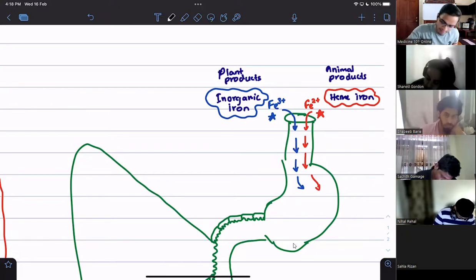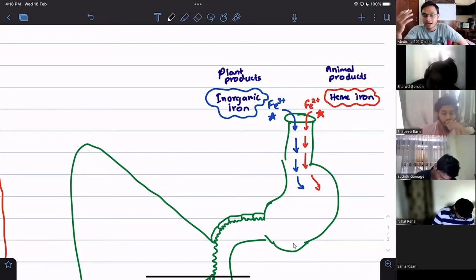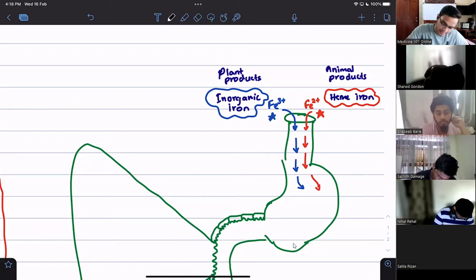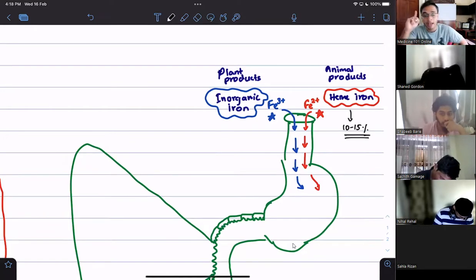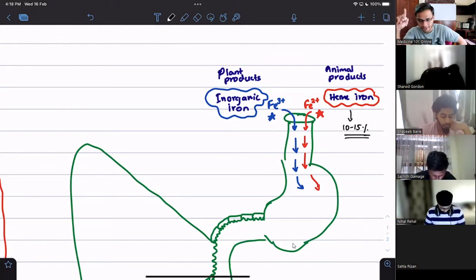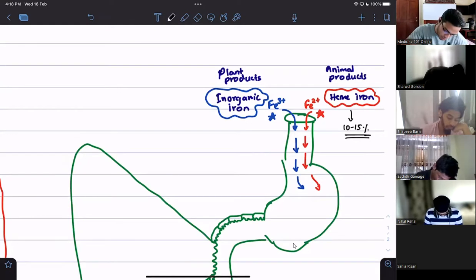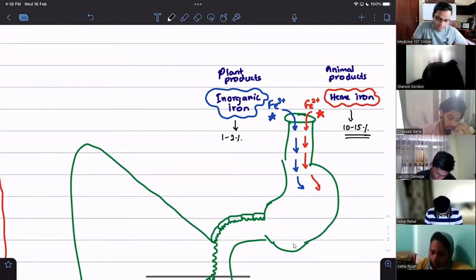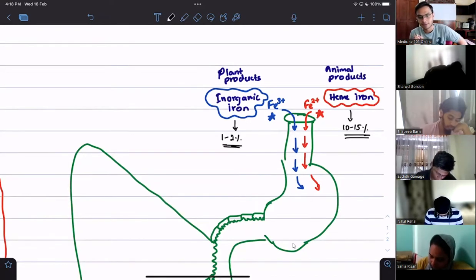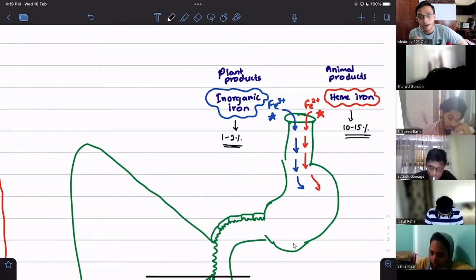Just know, when we take a meal, out of the iron that is coming, if heme iron is coming, 10 to 15% of that heme iron will be absorbed in our digestive tract. Whereas inorganic iron, guys, only 1 to 2% will be absorbed. So if I ask about bioavailability, which one is more bioavailable?